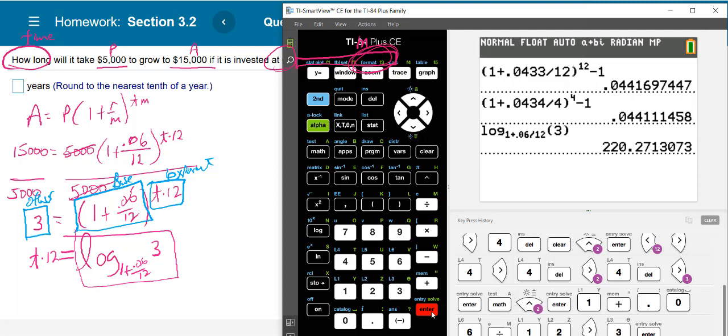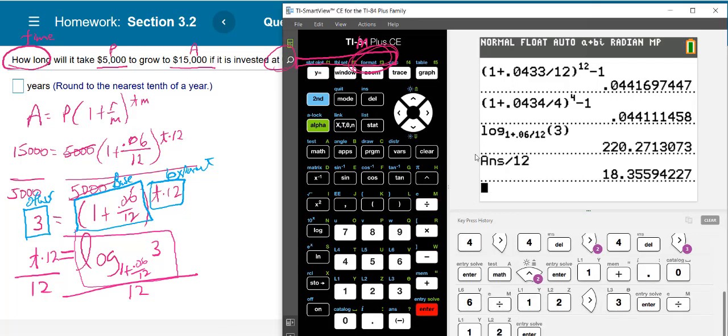So that number comes out to be 220, etc. And again, we don't want to round that off. What we do need to do is divide both sides by 12 to find the value of t. So on our calculator, we will just say divided by 12. Now, let's write this down and then have a look at the instructions.